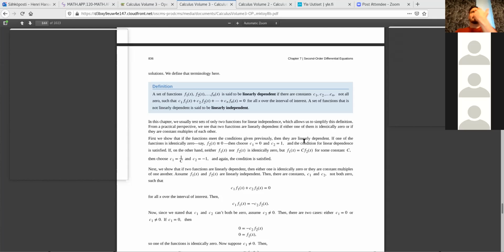And the thing about linear differential equations is that the order of the linear differential equation, if it's nth order, it always has n linearly independent solutions. So the first order linear differential equation has one linearly independent solution.